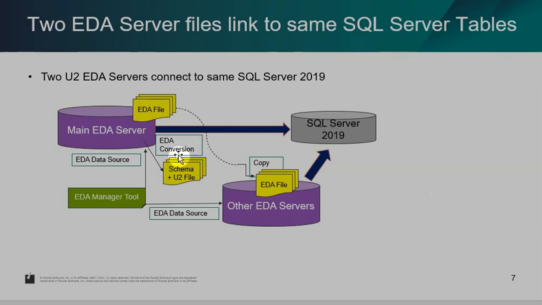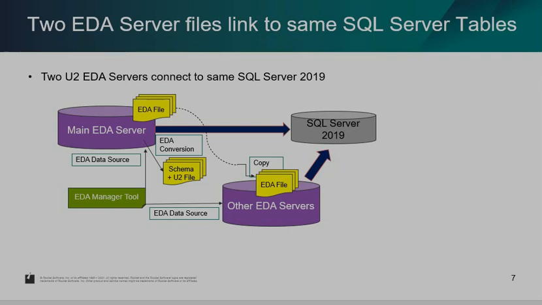Then the U2 file becomes an EDA file. From the EDA file, you can copy it to another EDA server, but you need to run the EDA Schema Manager tool to create the same EDA data source name. I will demo later to show you it's very simple.